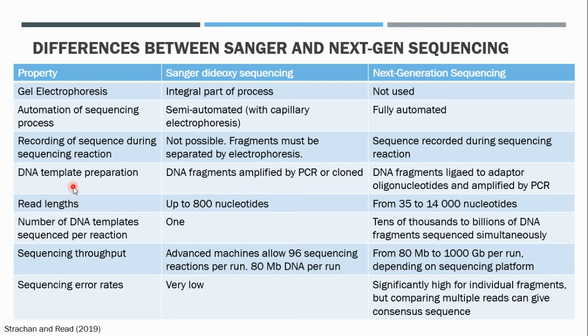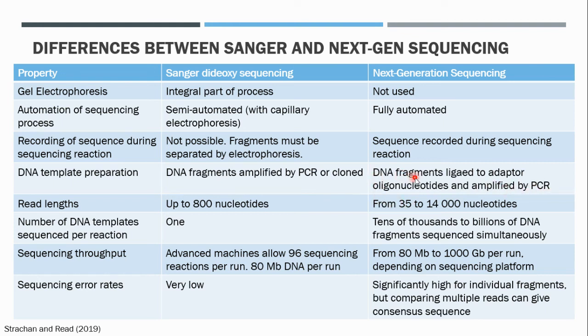Now let's talk about preparation of the DNA template, or the DNA that's to be sequenced. For Sanger sequencing, you require a short fragment of DNA that has been amplified by PCR or that has been cloned into a vector. However, for next generation sequencing, DNA fragments are ligated to an adapter, and this adapter contains oligonucleotides, which are then amplified by PCR.